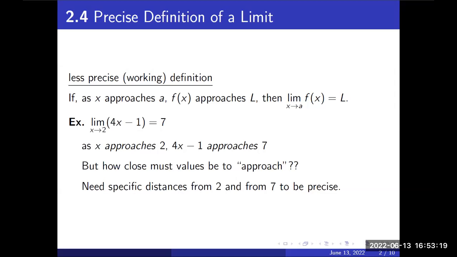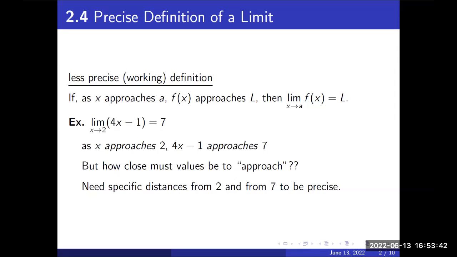We can realize pretty fast that the answer to that is 7, all we'd have to do is plug 2 in. The issue is not getting the answer, but we're going to explore this pretty deeply. It says as x approaches 2, 4x minus 1 approaches 7.